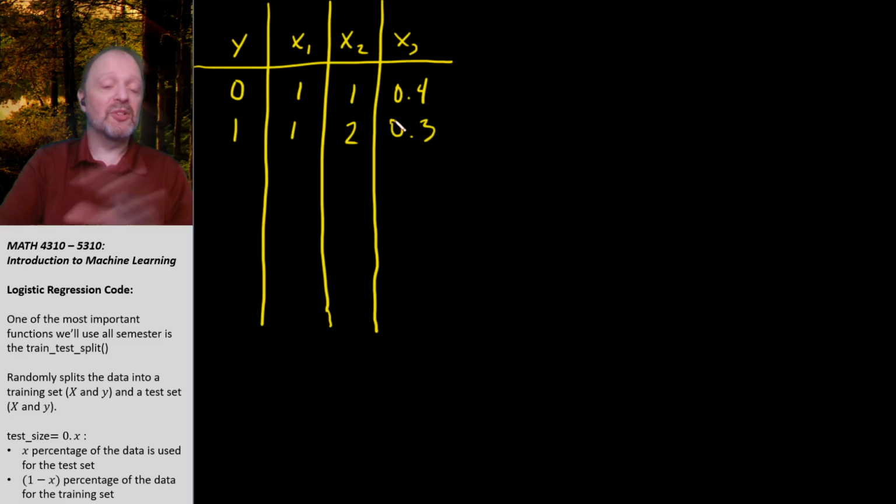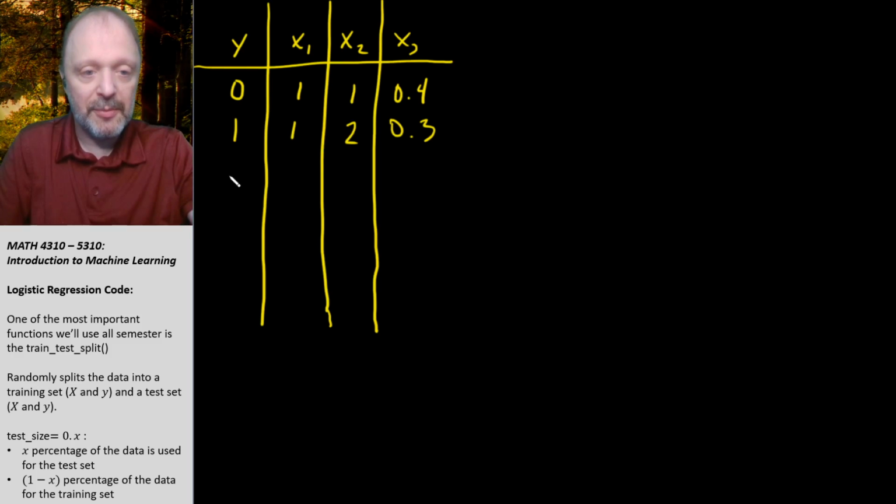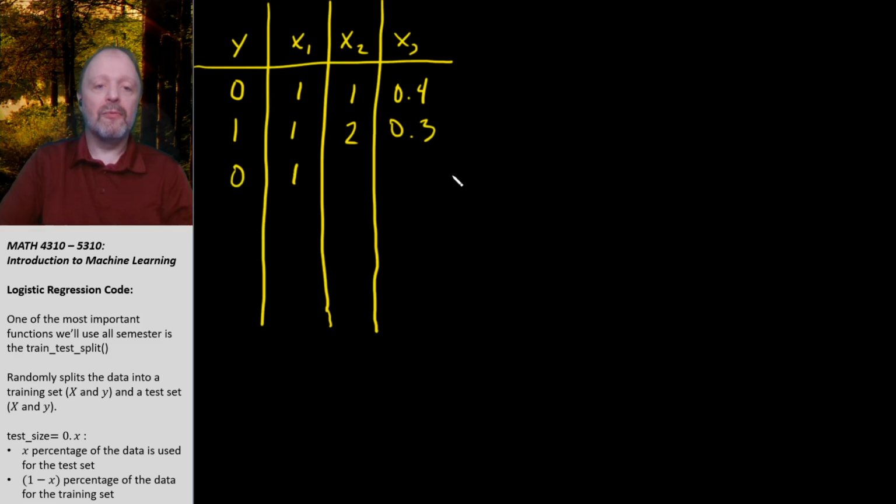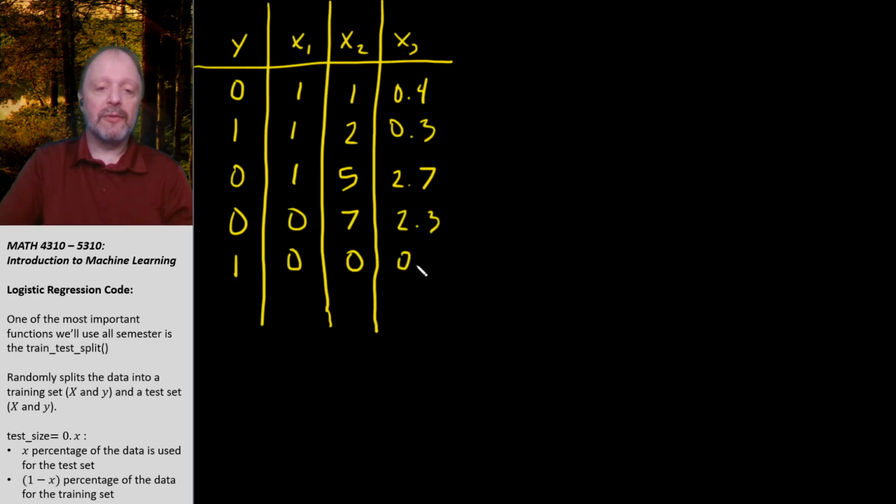These numbers mean nothing, I'm just doing this to show you an example. Another 0, 1, 5, 2.7, 0, 0, 7, 2.3, 1, 0, 0, 0.5. All right, so let's say that you have these 5 data entries.